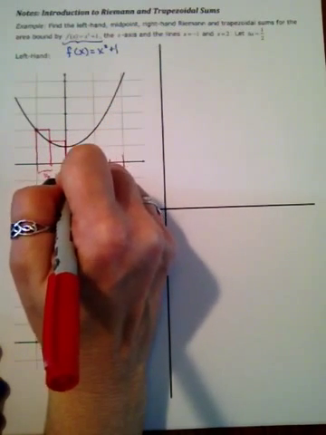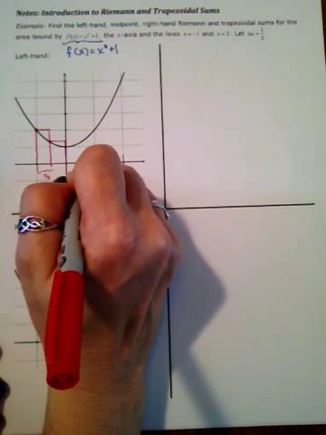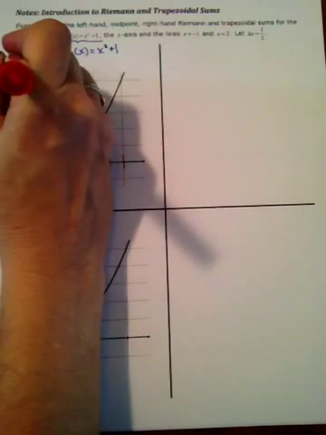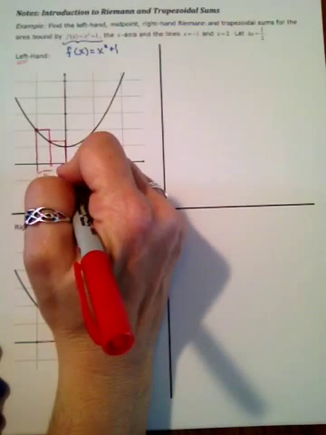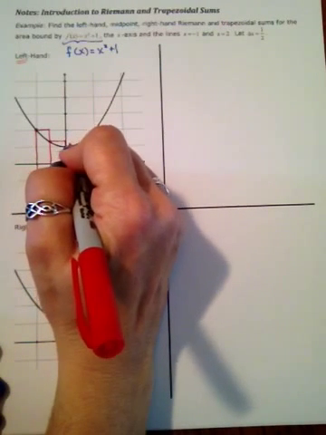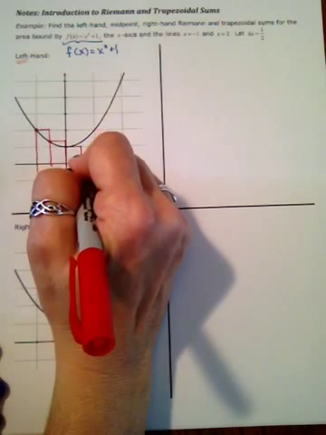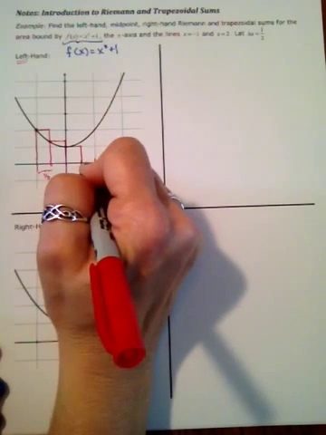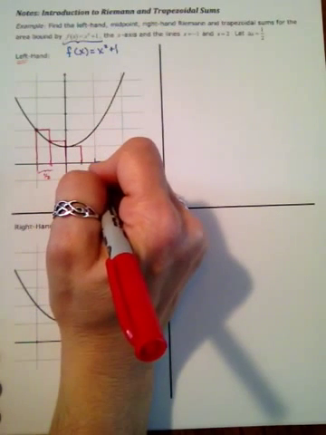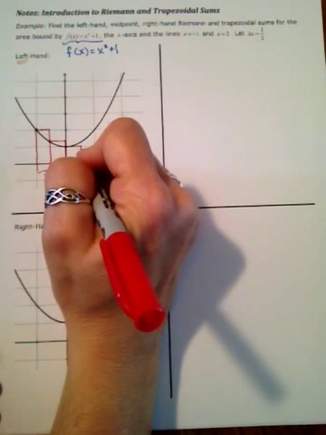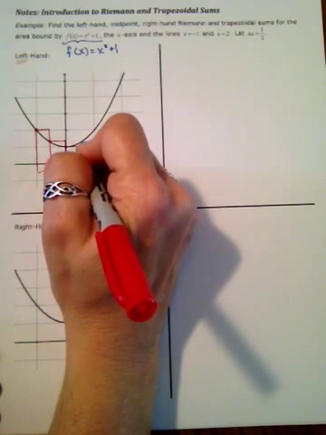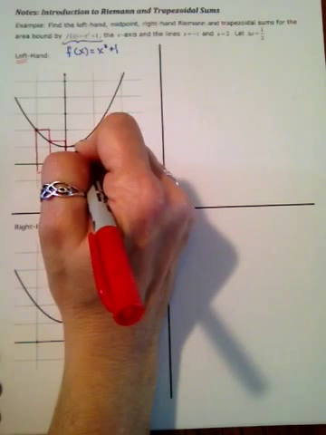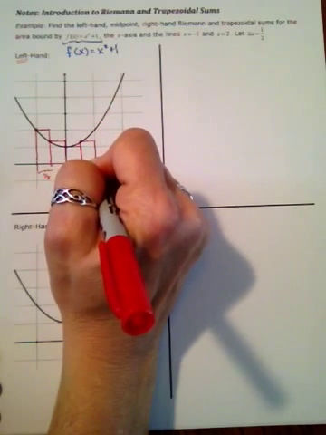My next rectangle is from 0 to 1/2. The left-hand side decides the height, so it goes up to here, to the right, and down. The next rectangle has a base from 1/2 to 1. The left-hand side determines the height, where it touches the function, to the right and down.